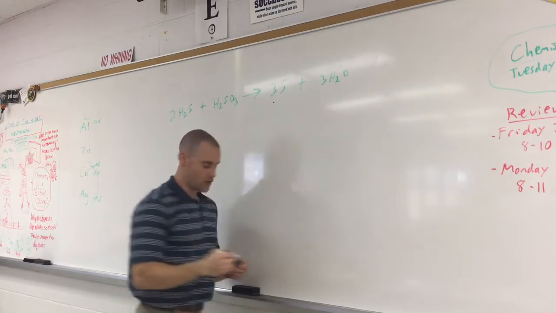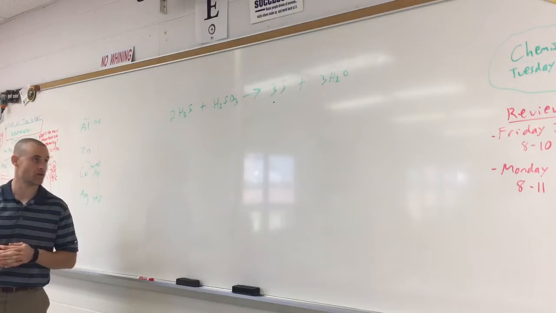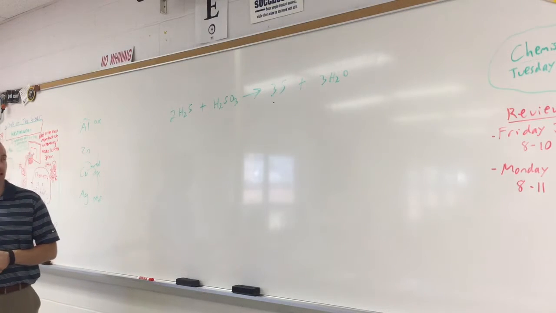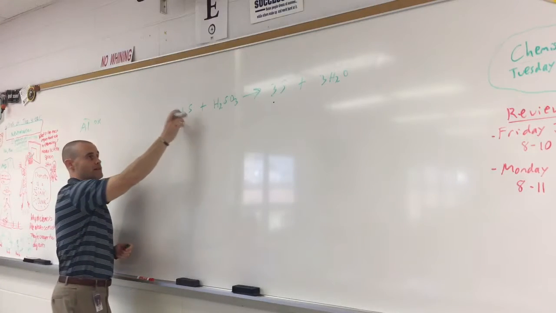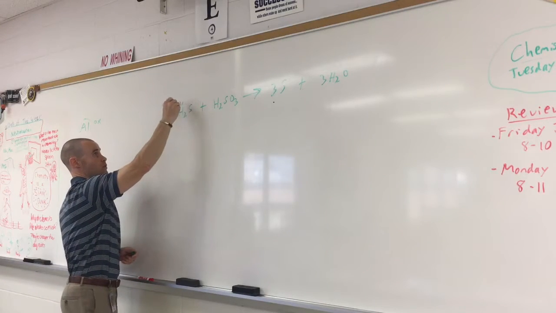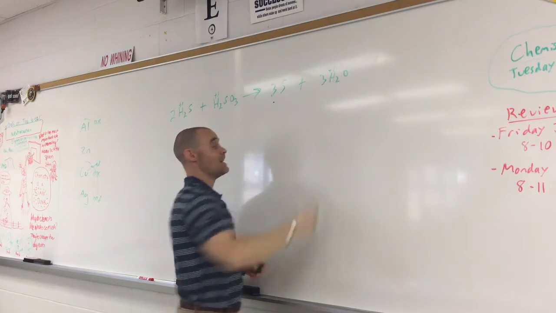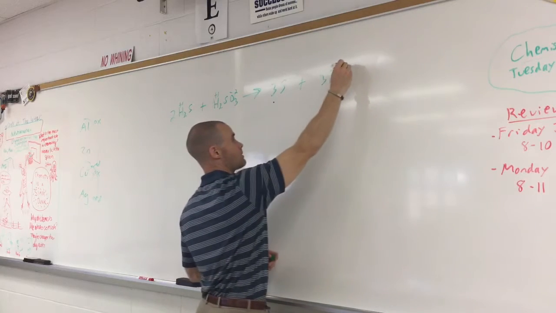All right, first thing you always do in a redox reaction or an electrochemical reaction here is label all the oxidation numbers, okay? So I'm gonna do this with you. You look it up on the periodic table, but you guys should all know H is +1. So I always just go through, label all my H's +1. If there's oxygen, I always know that is -2, so I label all my oxygens -2.